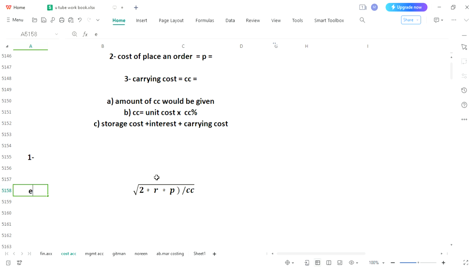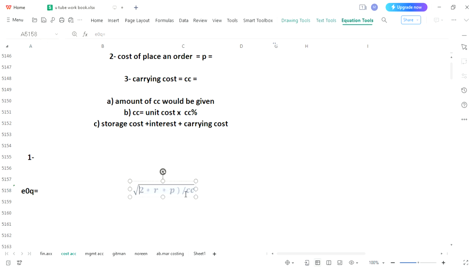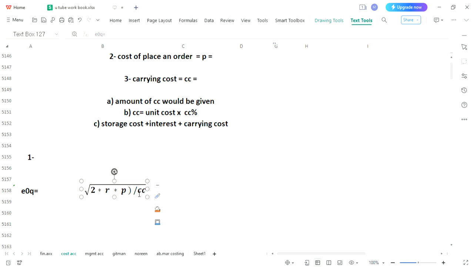Economic order quantity has the formula, and for that the very first thing is to take under root, and secondly you will multiply it with annual requirement R, and then multiply it with cost of placing an order, and the answer would finally be divided by carrying cost.